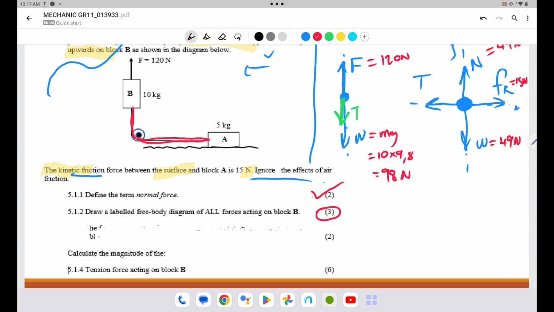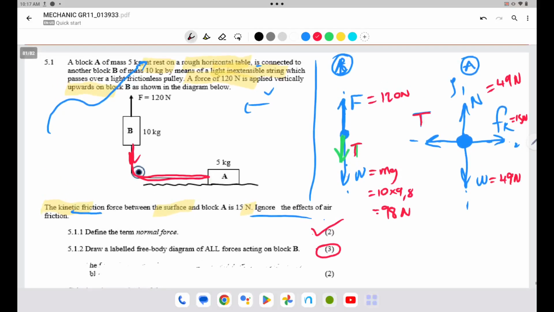And the tension that we are talking about, which is acting on B, is the same tension that is acting on A. Remember, I also said if you see 2 bodies in the diagram, it just means that you're going to need to solve simultaneously. You're going to need 2 equations to solve the problem. So it means we can define Newton's second law of motion for each of these objects.